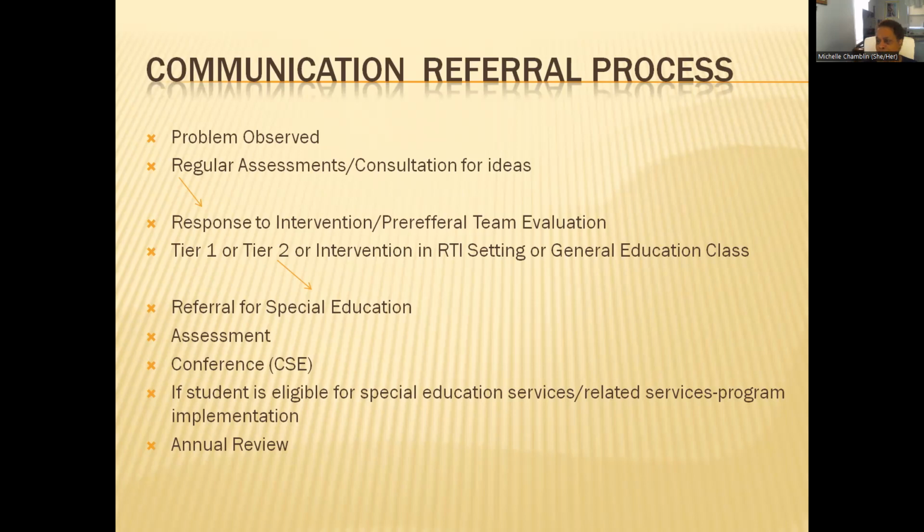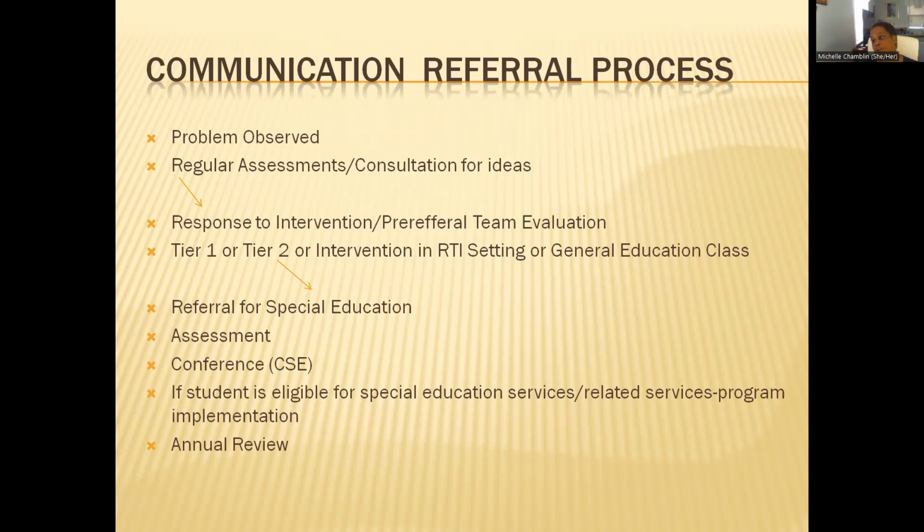If it's in the classroom and a teacher observes that, they may use their regular assessments that they have in class, and they look for ideas, and they use consultation, not consultation services. That's something different. They may consult with their team.